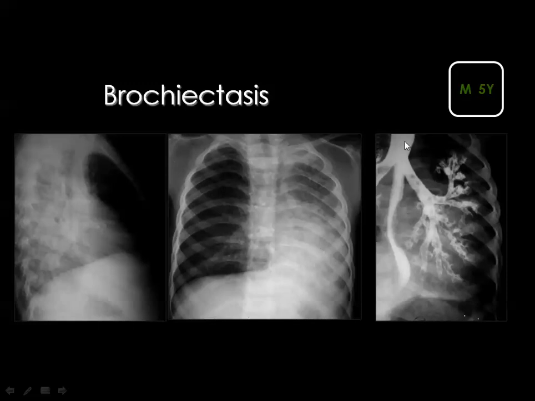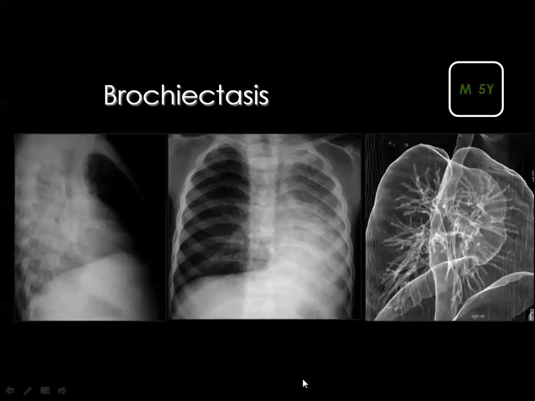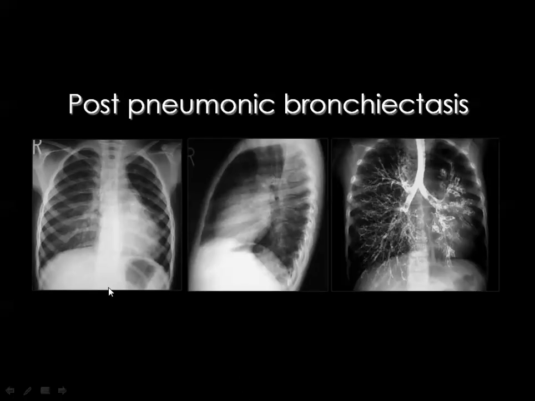And this is the old technique known as bronchography, where you inject a radiopaque material inside the trachea after doing surface anesthesia for the tracheal mucosa. Then you see the contrast material within the dilated bronchi, confirming the diagnosis of bronchiectasis. But nowadays you can see the bronchi through multi-detector CT without the need to inject contrast media or do this obsolete technique. In this child, you see that the heart is displaced a little bit to the left side.